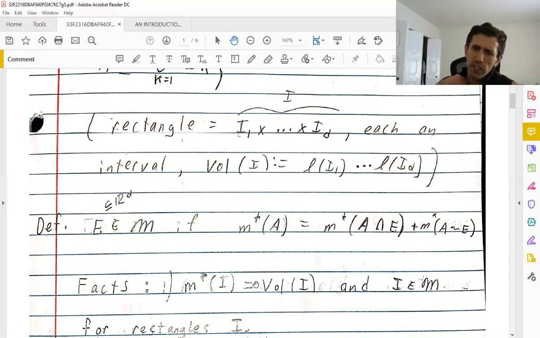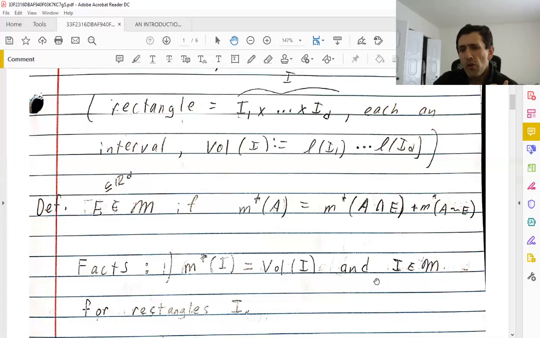It's tricky to prove this for higher dimensions, and a little different than the proof for intervals, but the Lebesgue outer measure of a higher dimensional rectangle is its volume. And each higher dimensional rectangle is, in fact, measurable. That's actually pretty easy to prove.